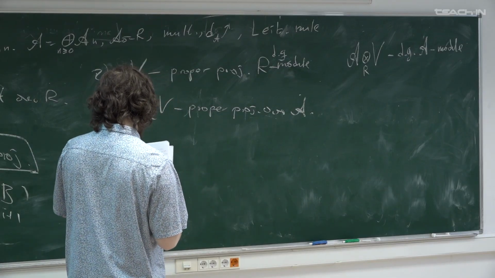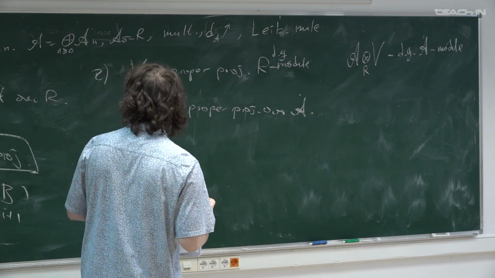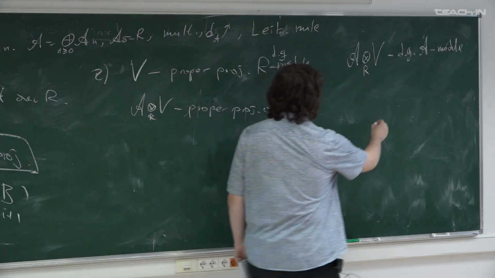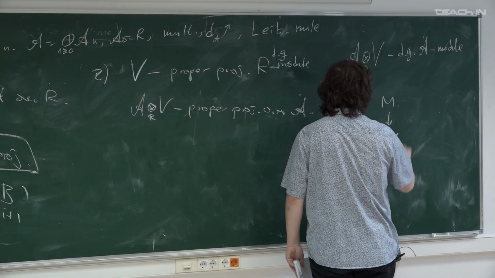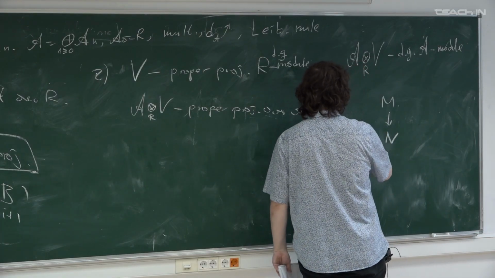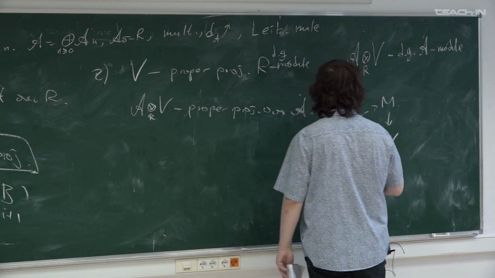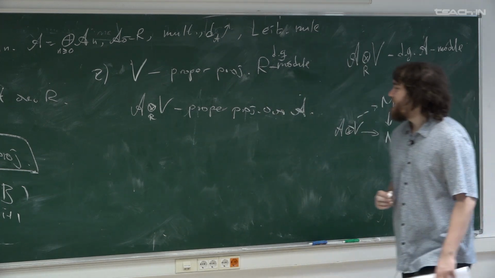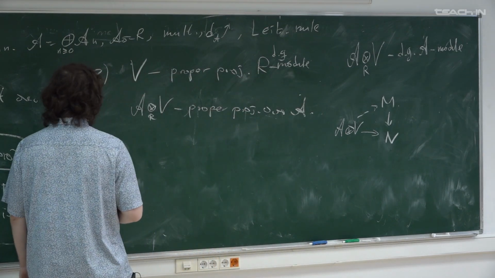It's more or less from the following thing. We have M, N, A tensor V. We need such a lift. It just follows from the following adjunction.